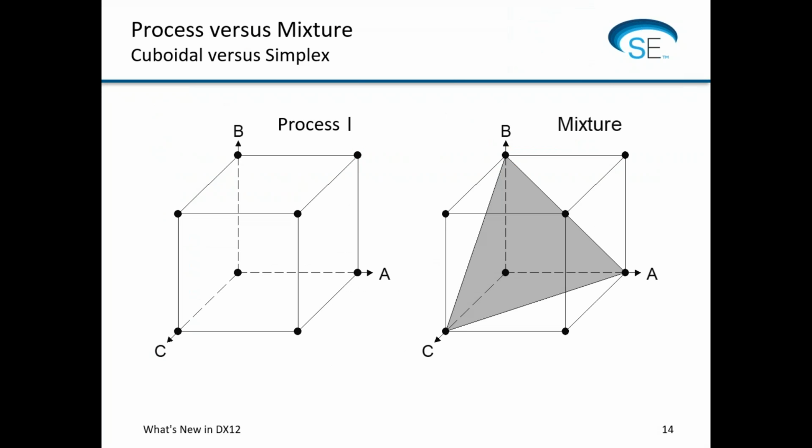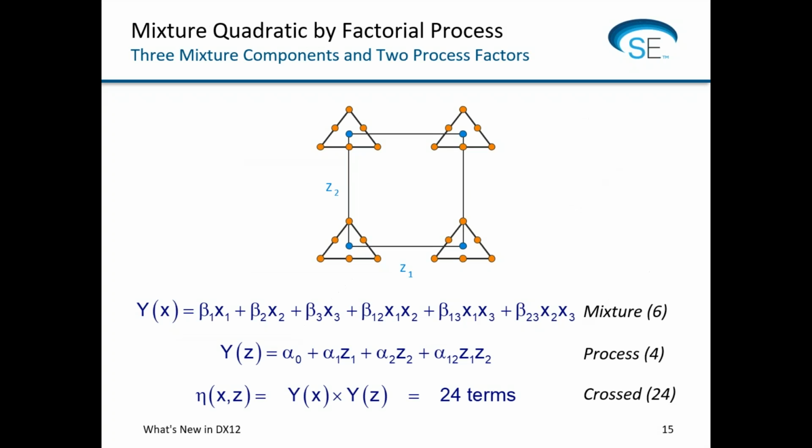So the systems are combined. On the left side here, I have just representing a process system, which is generally represented as a square or a cube system. And we have to combine that with the mixture, which is generally some simplex triangular in shape. So we get two separate models from these.